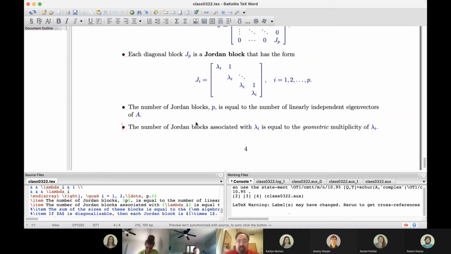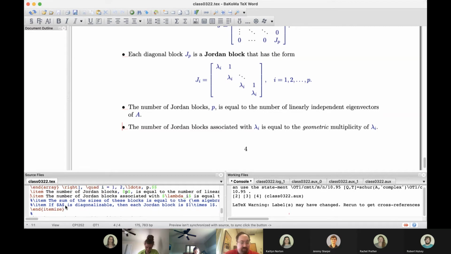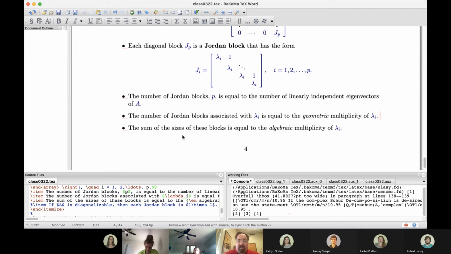How many blocks an eigenvalue has equals the geometric multiplicity of the eigenvalue, because each Jordan block is associated with one linearly independent eigenvector of A. If you take all the Jordan blocks associated with an eigenvalue and add up their sizes, that's the algebraic multiplicity.